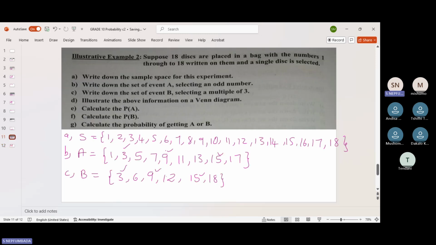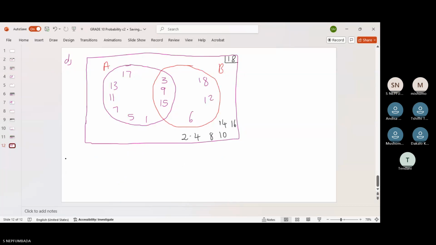Let's calculate the probability of A. The probability of A is equal to how many numbers are there in A? 9 over 18, which is 1 over 2.